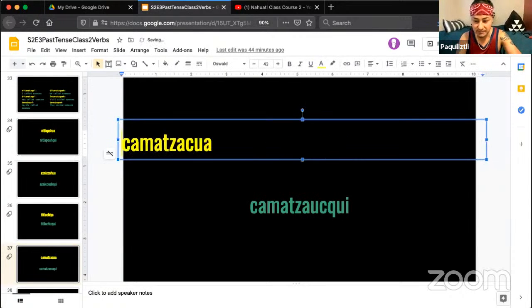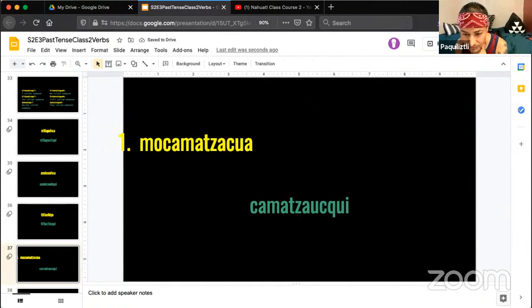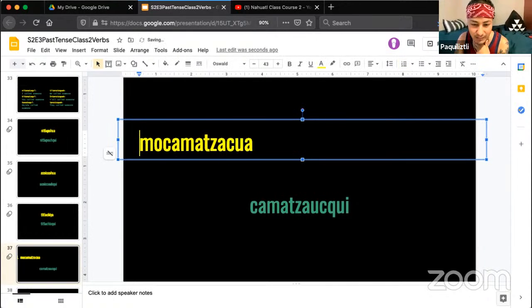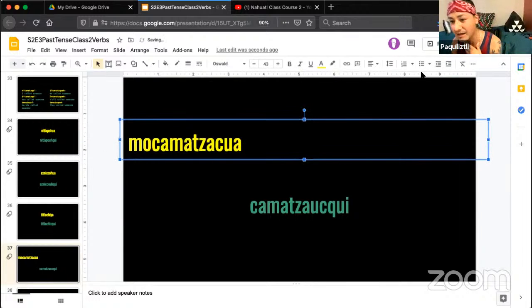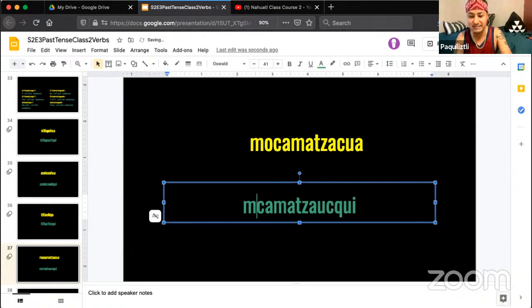So it must be like this. If we want to say he shuts his own mouth, we say mo camatzacua. So it does require the mo actually. Let me put it in the center. Why isn't it centered? Okay, here it is. Mo camatzacua, and it should be mo camatzaki.